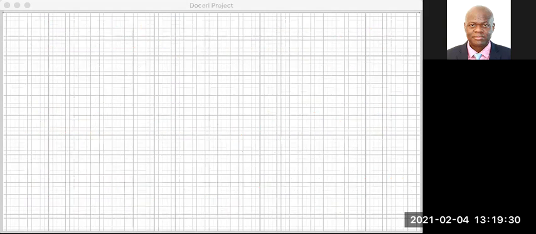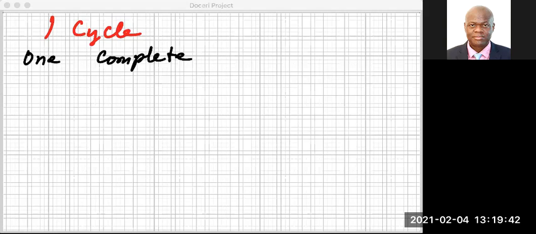Okay, so maybe I should add that to the definitions. So one cycle is one complete to and fro motion. Okay, and then we have the term frequency.